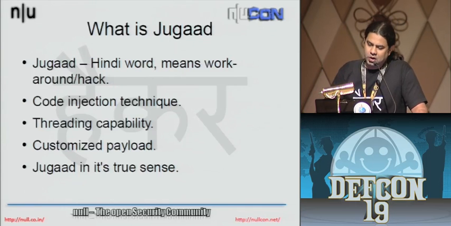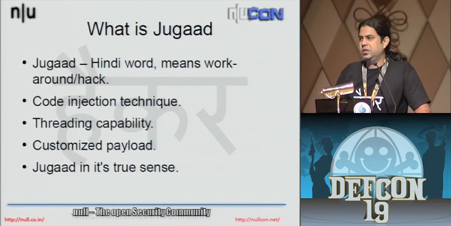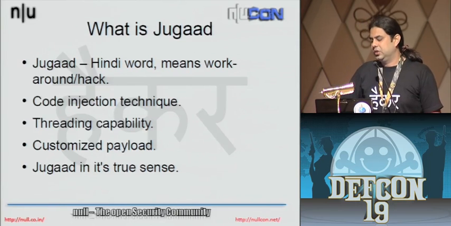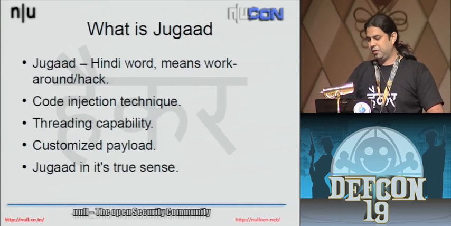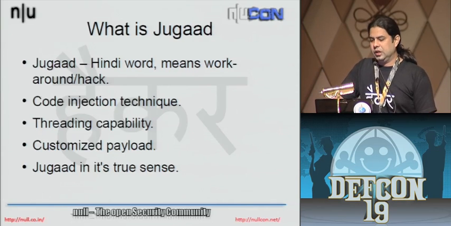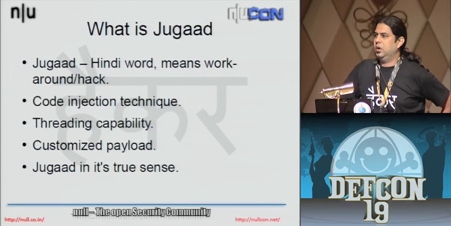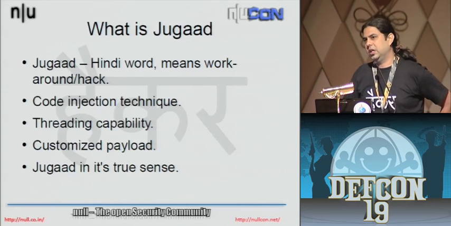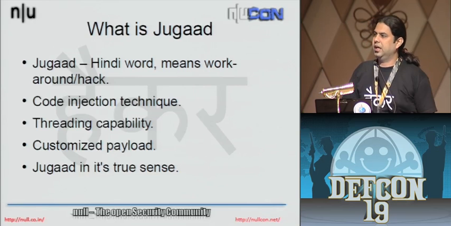Okay, so Jugaad is a Hindi word which means a workaround or a hack, which is evident from what we have been doing with this library. It gives you a framework wherein you can inject your own customized payload as a thread inside a remote process.